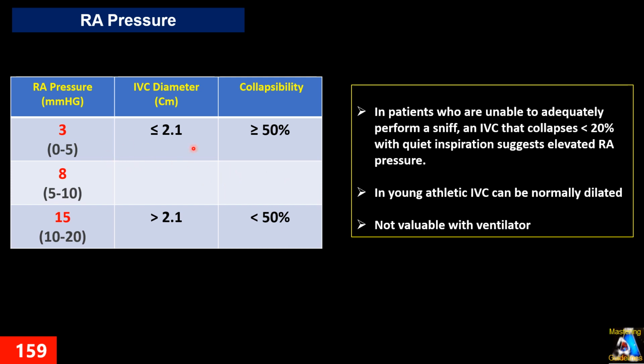In evaluating right atrial pressure with this technique, we have to remember some other important parameters. For example, when we have right ventricular diastolic dysfunction, especially restrictive diastolic dysfunction of the right ventricle, we have to use the upper limit.